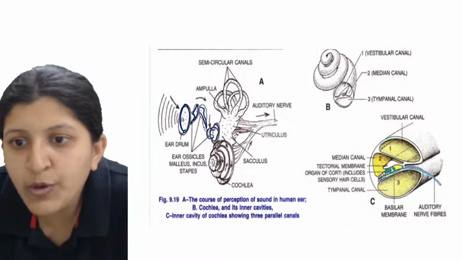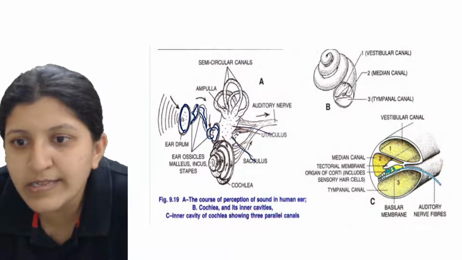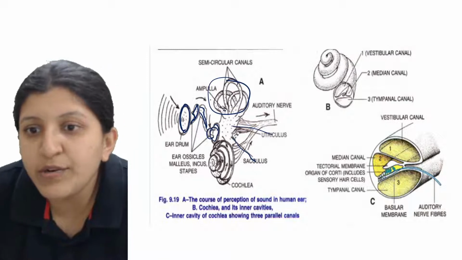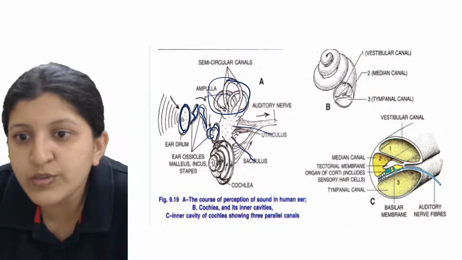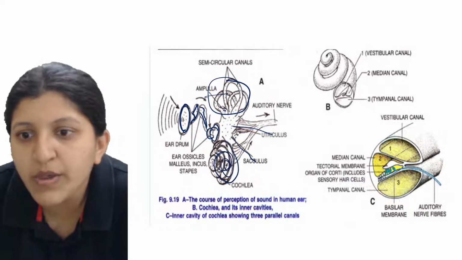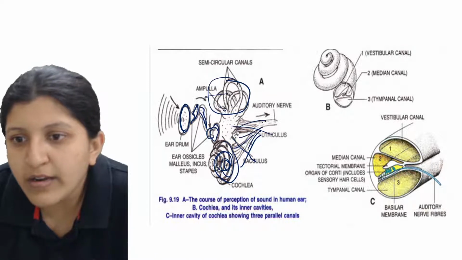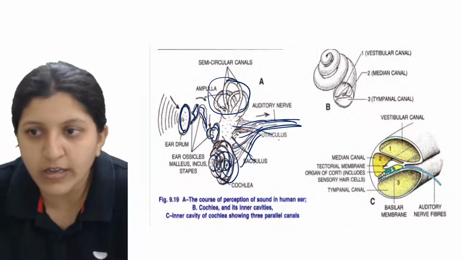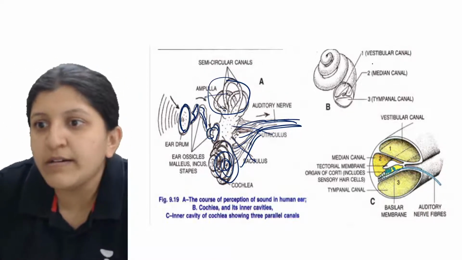At the opening of this oval window, you can find there is a sacculus, a utriculus, and a semicircular canal. This widened region is the ampulla. Below you can find the cochlea, and arising from all of this there are nerves connecting to the brain. This is the auditory nerve. This you need to draw, and here it is already clearly given.